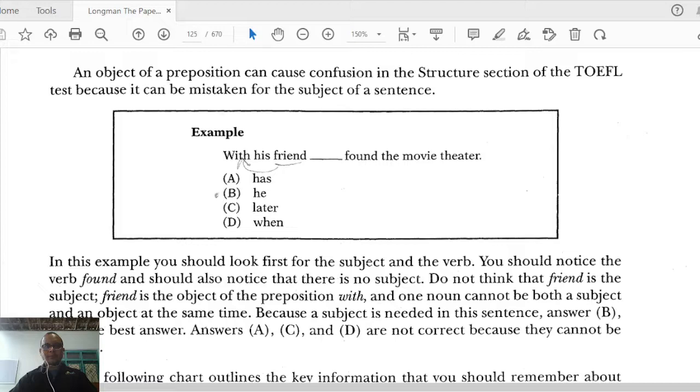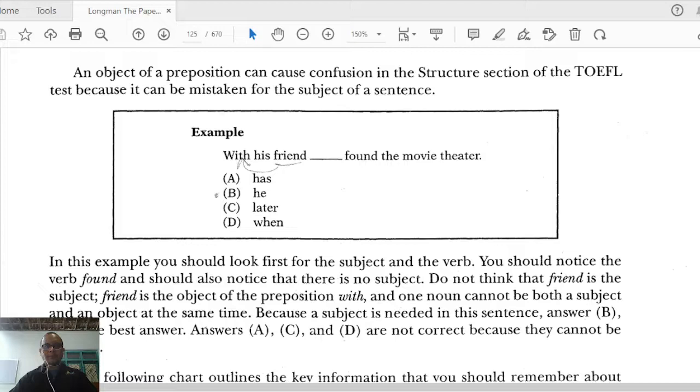A, has ini adalah verb, ya, absolutely verb. And then we have C, later, ya. Later juga nggak bisa subject, ya. And then when juga nggak bisa sebagai subject, ya. They are not correct because they cannot be subject.